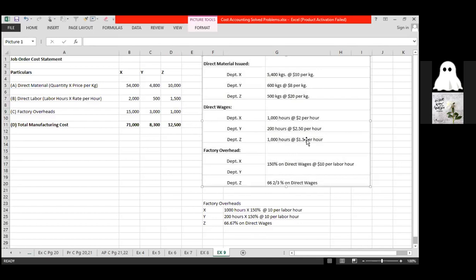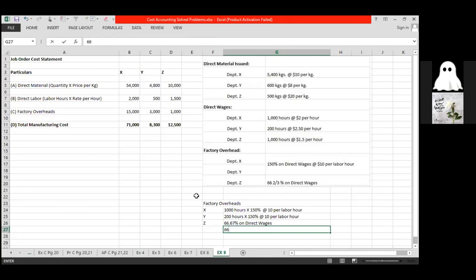If you want to solve, we can solve it that way too. You take 66.67% of the hours. In this case, the hours will be 1,000 hours times 66.67%, which is 666.67 hours, at the rate of 1.5. It will give you the same answer, 1,000.